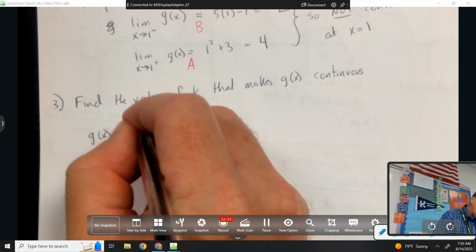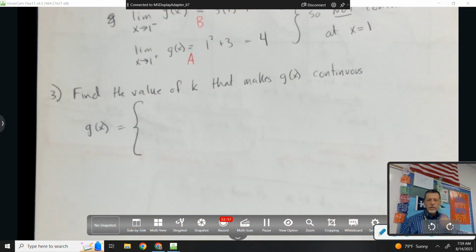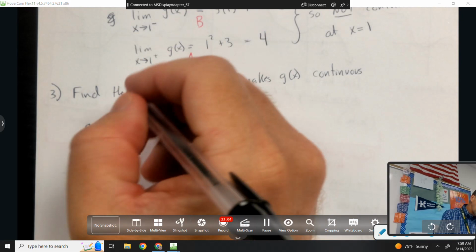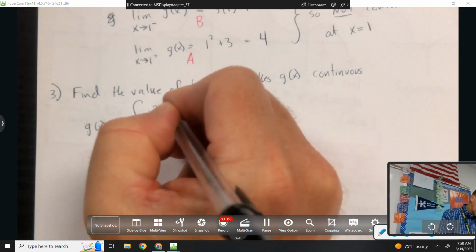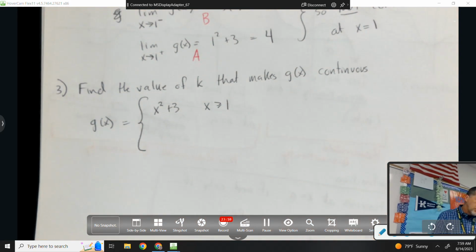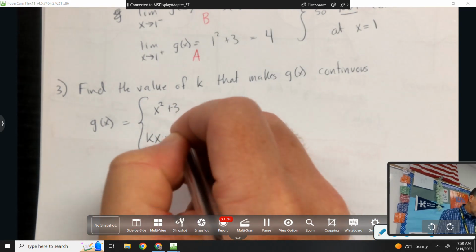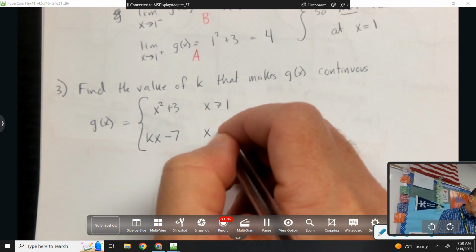Another piecewise equation. Find the value of k that makes g of x continuous, where g of x is x squared plus 3 when x is greater than or equal to 1, and kx minus 7 when x is less than 1.